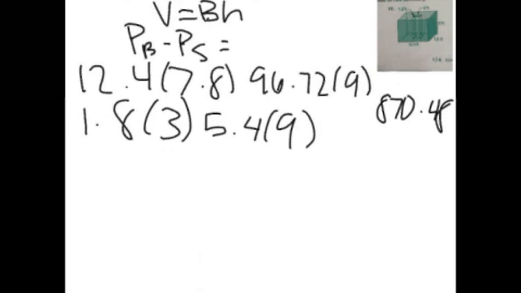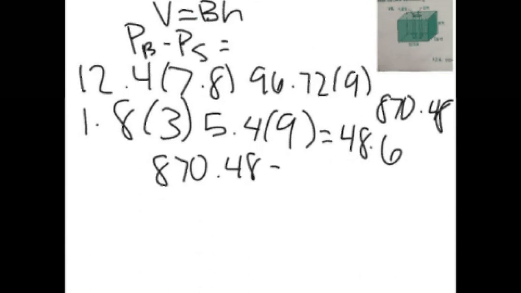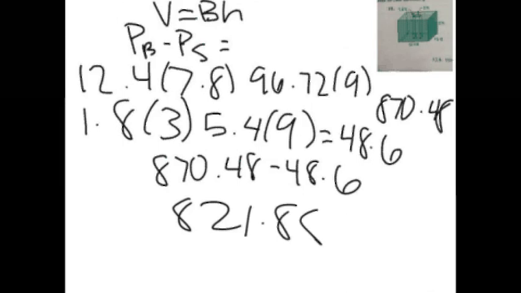And you multiply that by 9, which is also the height, and you get 48.6. You subtract 48.6 from 870.48, and you get the volume of the prism, which is 821.88 feet cubed.